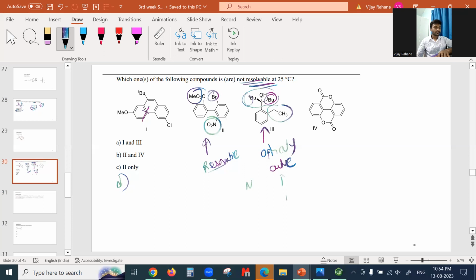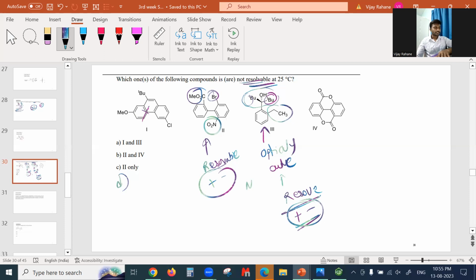So we can resolve this molecule into its dextro and levo forms, or the plus or minus forms. So these two options are resolvable.